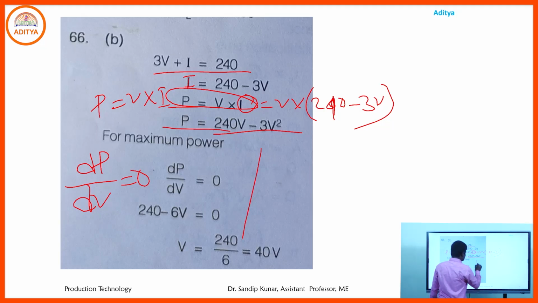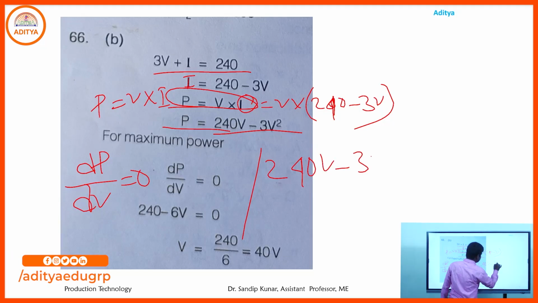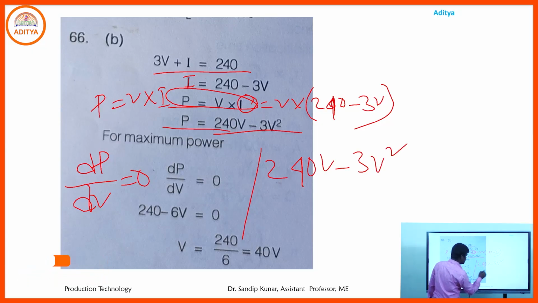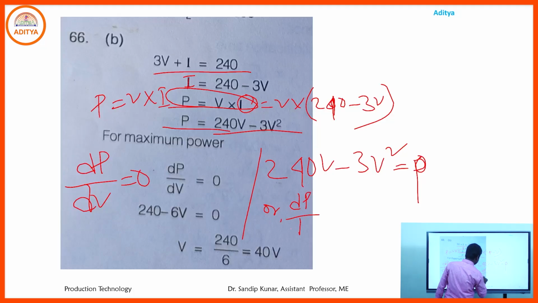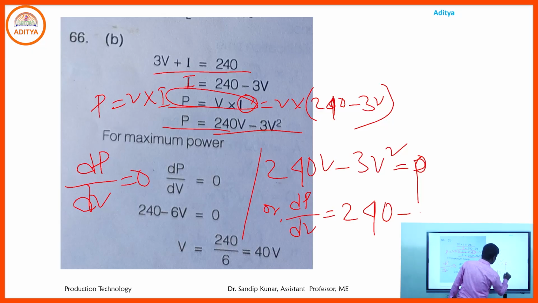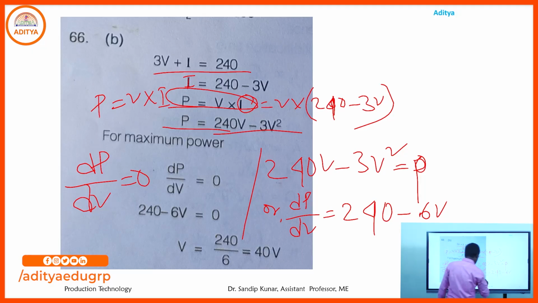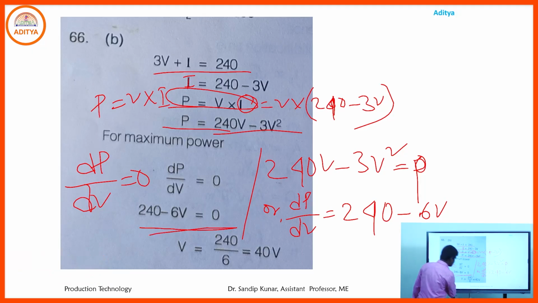Then dP by dV is 240 minus 3 into 2V, which is 6V. As per the first order derivative, 240 minus 6V equals 0.